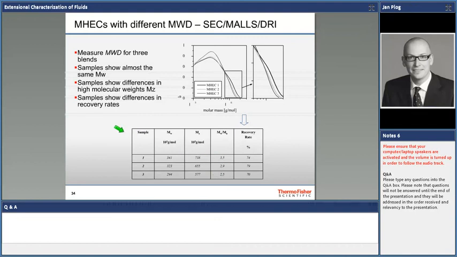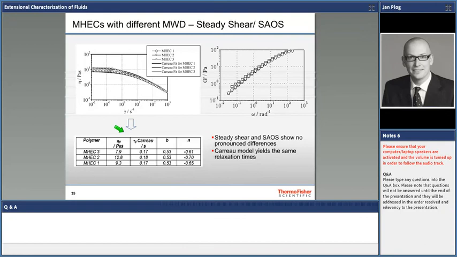And what you see, also in a more complex polymeric system like a cellulosic derivative in water, is that in shear and oscillation there was almost no difference that could be made. However, our customer was very specific in saying that one of those samples will show a very good behavior.